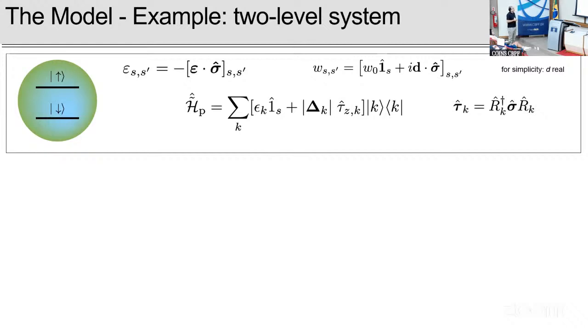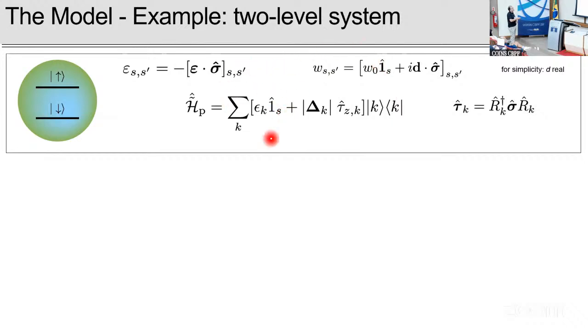The simplest example is just a two-level system. Here, epsilon is just putting a magnetic field in a given direction. And the spin-orbit term you can write in this way. This is not the most generic form. Actually, the most generic form is when D itself is a complex vector. These are details.